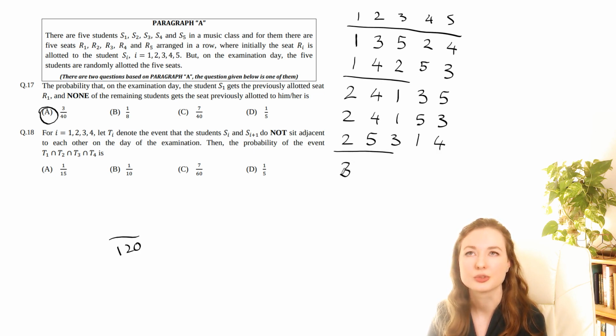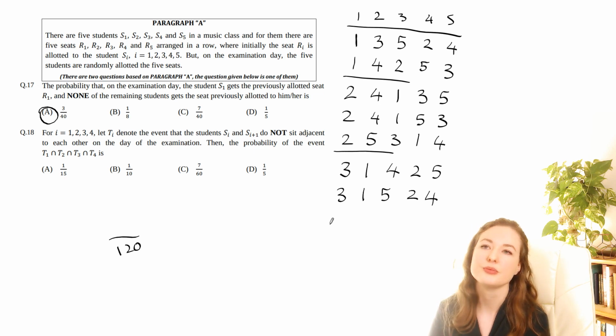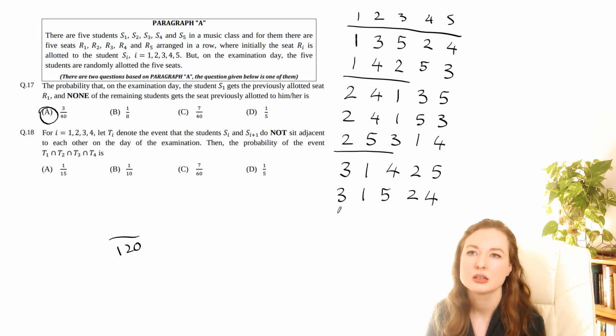Now let's try 3 at the start. So I could do 3, 1, can't do 2 there, but maybe 4, and then that leaves 2, 5. Or I could do 3, 1, 5, 2, 4. And then now I can't do 2 or 4 there, because they can't go next to the 3.